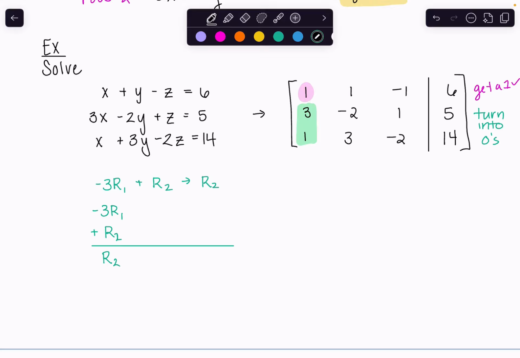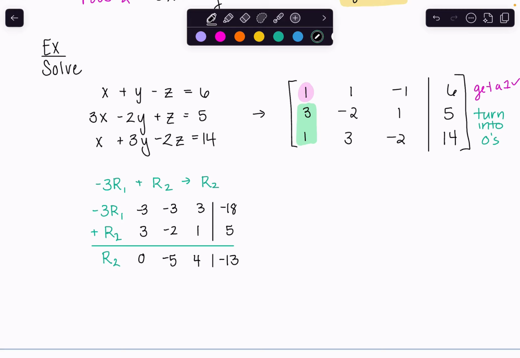So -3 times the first row is -3, -3, +3, -18. Then row 2 is 3, -2, 1, 5. So adding these together gives me 0, -5, 4, and -13.